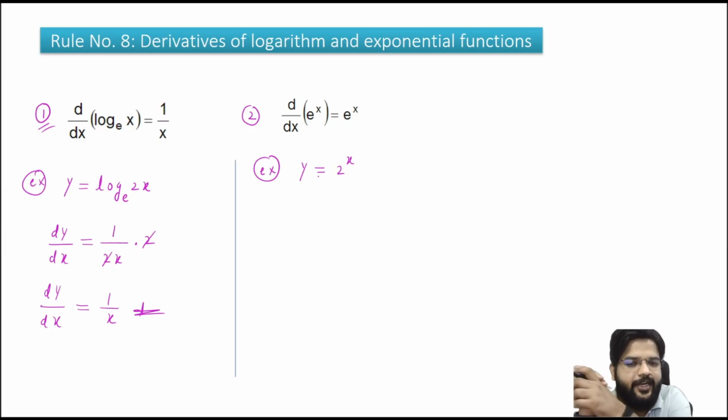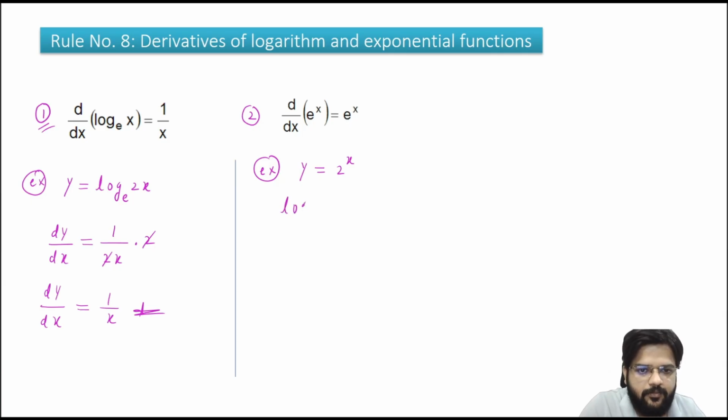How can we do the differentiation right now? Think about it, everyone. Correct. We can do one thing: if I take log on both sides, what will we get? Now I am taking log on both sides. So it is log base e of y equal to log base e of 2 power x, correct?